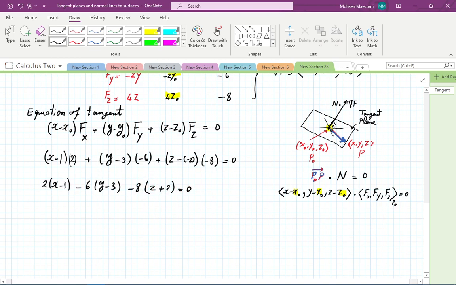Another one is to clean it up one more level, so it becomes 2x minus 2 minus 6y plus 18 minus 8z minus 16 equal to 0. And well, here these three constants turned out to be 0. I have now 2x minus 6y minus 8z equal to 0. You can clean up one more level if you wish.